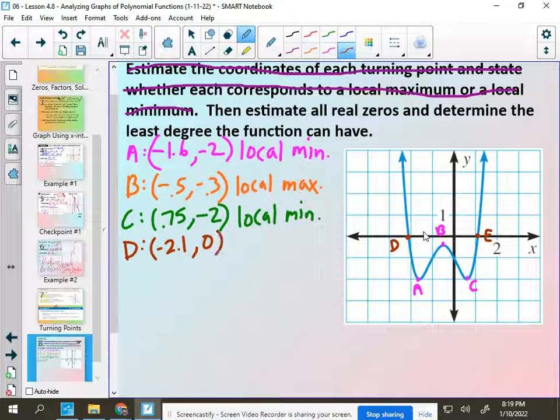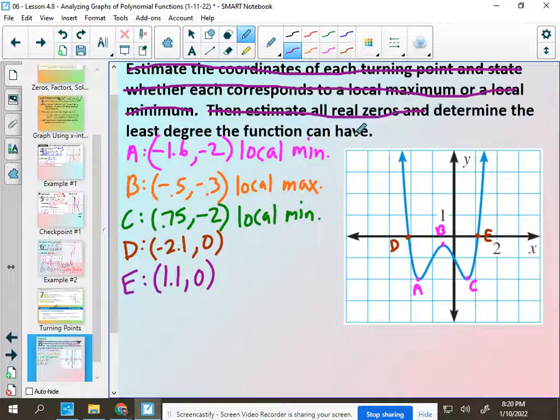That's going to be automatic 0. And then E, a little bit beyond 1, so 1.1, 0. Estimate all real zeros. We've done that.